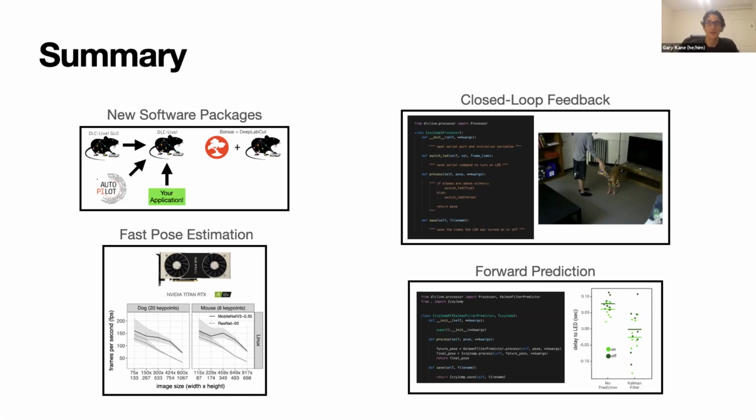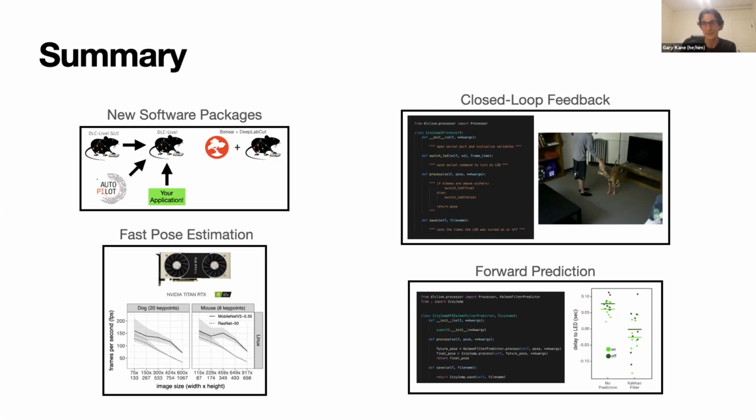Yeah, so just for a quick answer here, the processor object is super, super flexible. It has a function called process, which just takes in a DeepLabCut pose. And so you can implement whatever your ethogram algorithm is. It could be anything. It could even be another deep neural network.